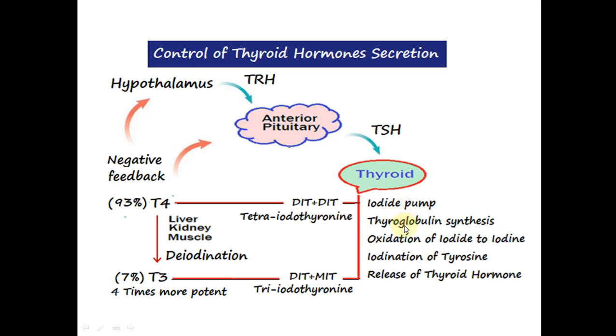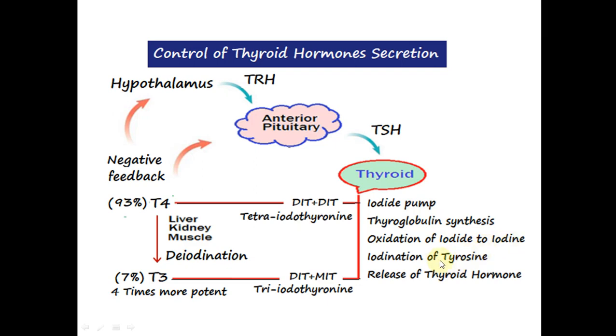As the follicular cells cause synthesis of the thyroglobulin, which is secreted and exists as colloid in the lumen of the thyroid follicles, the next step is the oxidation of the iodide ion to iodine by the thyroid peroxidase enzyme.